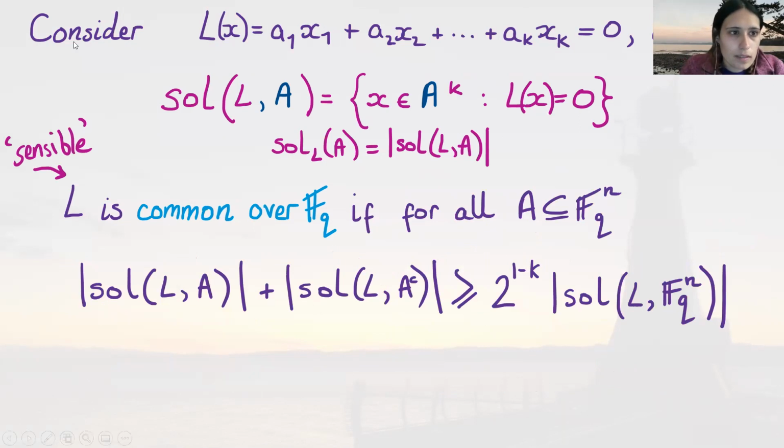Now, that definition is very nice. It's not so convenient to work with. What's very convenient is to have something that you can grab and it's more numerical. So actually, if you do some calculations, we can say that any sensible system is common over F_q if for any subset of F_q^n, the number of red solutions plus the number of blue solutions is at least 2^(1-k) times the total number of solutions.